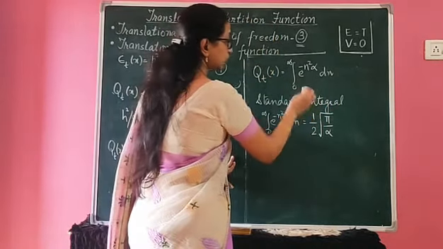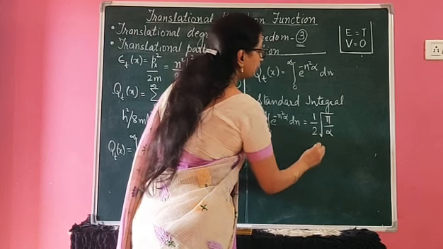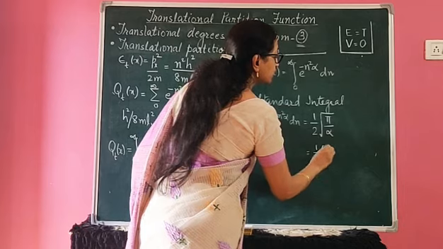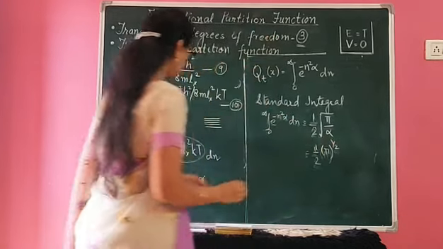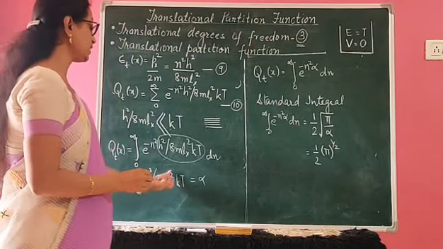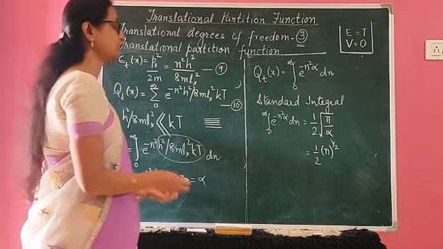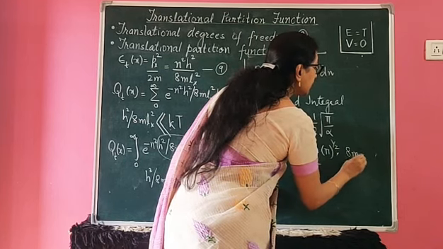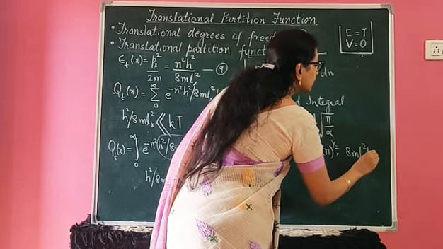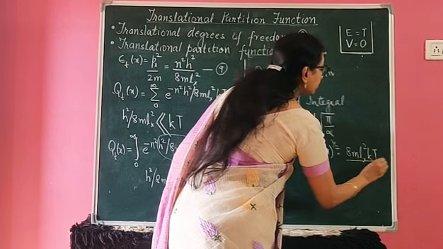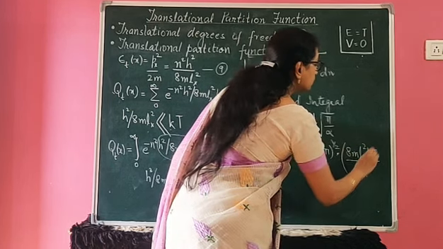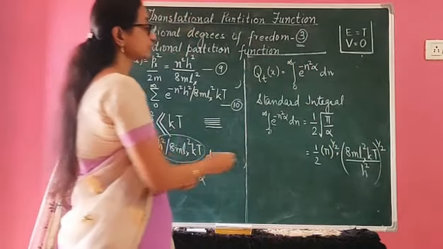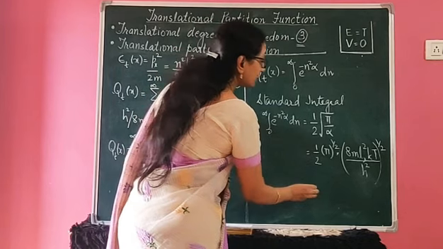So if we substitute this value here for alpha, we will have 1 by 2, this is root of pi, that means pi to the power half. Alpha is h square upon 8m Lx square kT, and alpha is in the denominator, so it will get inverted. So here we will have 8m Lx square kT divided by h square, to the power half. Now on solving this, what we will get?